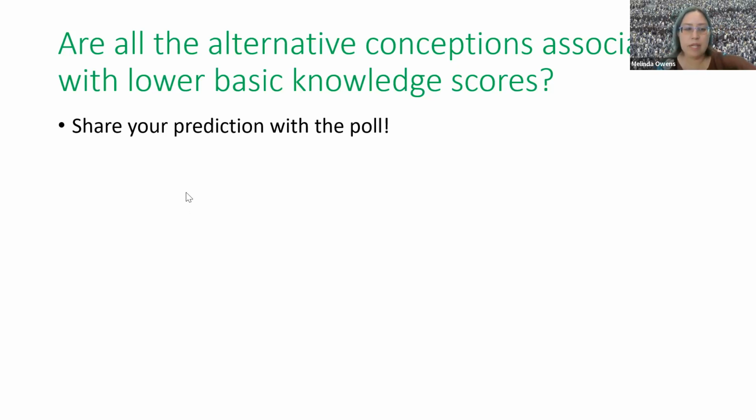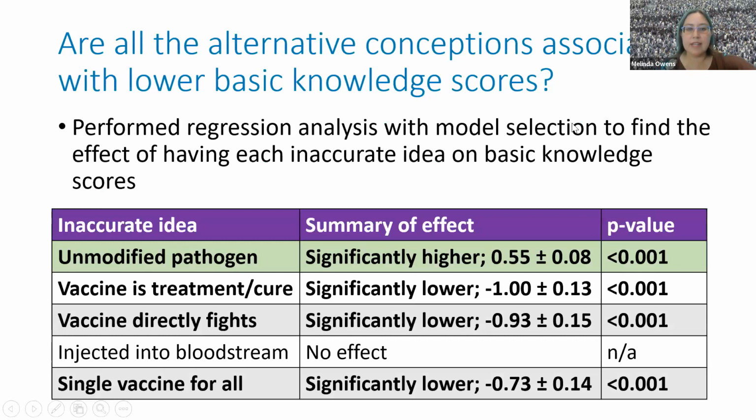All right. So it turns out that it just depends. So what does this table mean? What I did to investigate this question is I performed a regression analysis with model selection to predict the effect of having each of the inaccurate ideas on basic knowledge scores. For some of them, I did find that they were associated with lower scores.